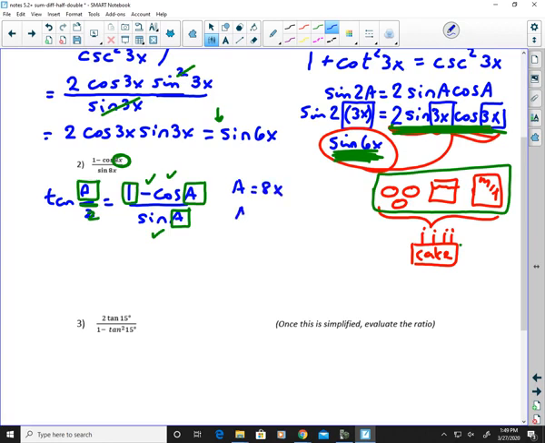What would a over 2 be? 8x over 2, 4x. So tangent of 8x over 2 will be tangent 4x.